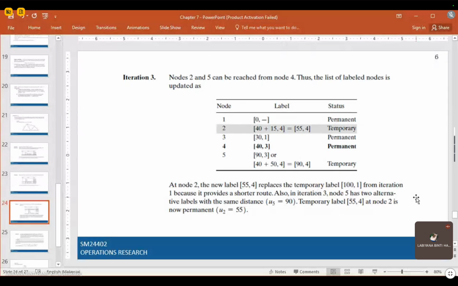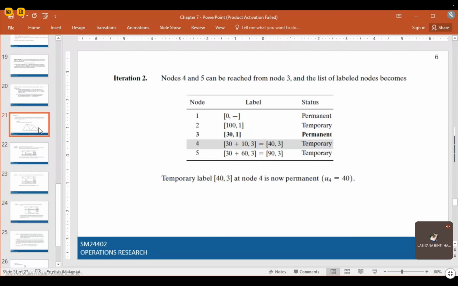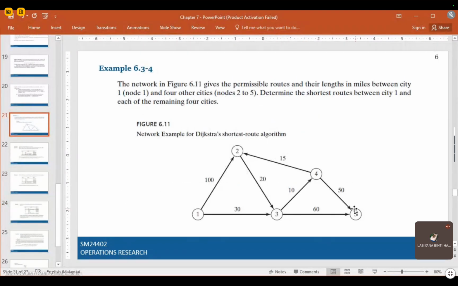It has two alternatives. So for node 5, it has two alternatives. Either it connects between node 5 to node 3 or between node 5 to node 4. These two will have the same length. So let's look into here again. From node 5, it can connect into 4 and also it can connect to 3.